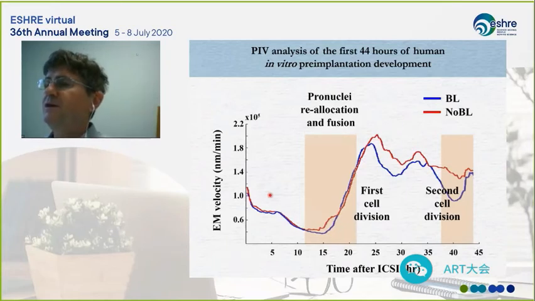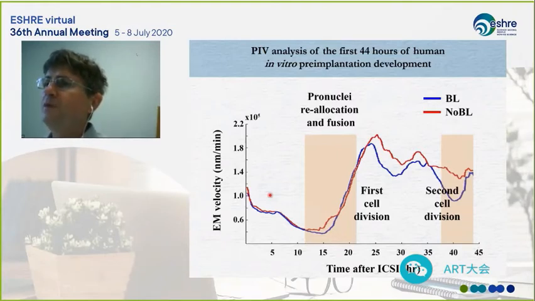And at first we decided to concentrate only on the first two cell division time intervals. And you can see here the two profiles, the blue one of the embryos that reached the blastocyst stage, and in red, the embryos that did not reach the blastocyst stage.